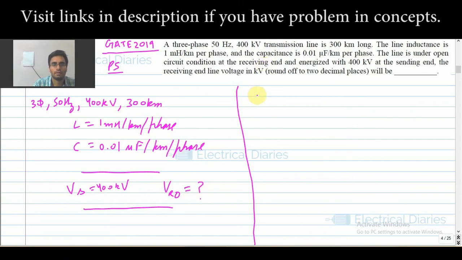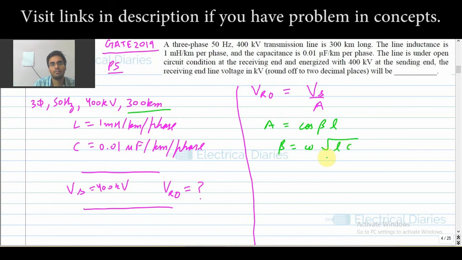Always if such a question occurs, remember this relation: VR at no load for any line is given by VS by A. Here it is a 300 kilometer line, so it is a long line. From the ABCD parameters of a long line, A is equal to cos beta L, where beta is given by omega under root LC.